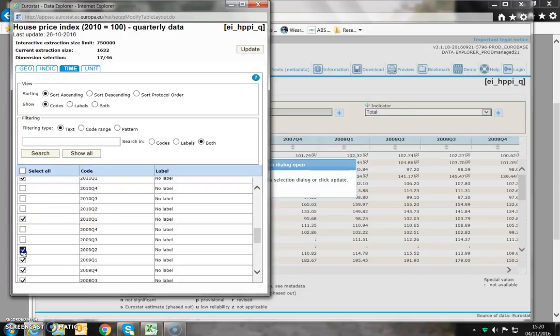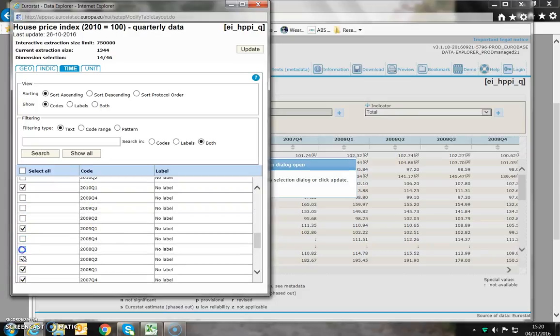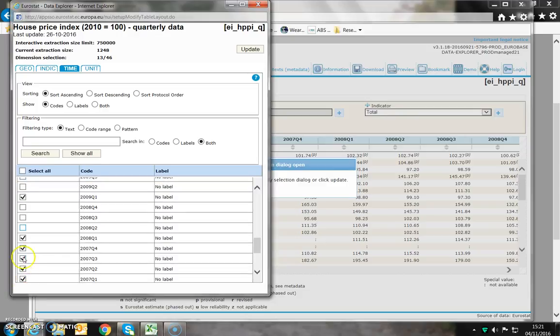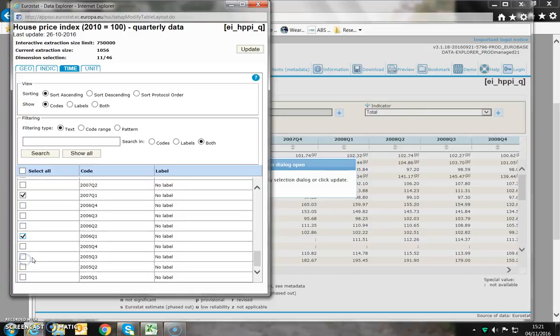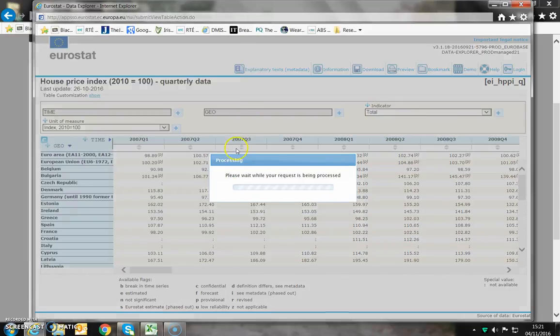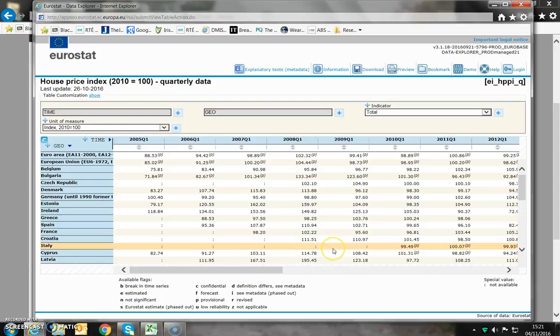So quarter 1, take out 2, leave in quarter 1, and we might even decide to go back, and we can actually go back to 2005. We can't go back any further. So we update. Now we're looking at, yes, it is quarterly, but we're just looking at quarter 1 of that year.